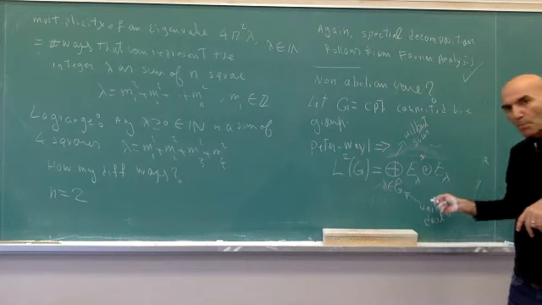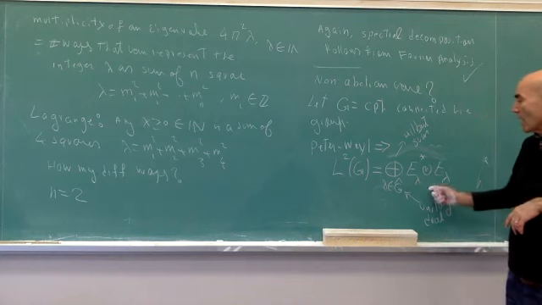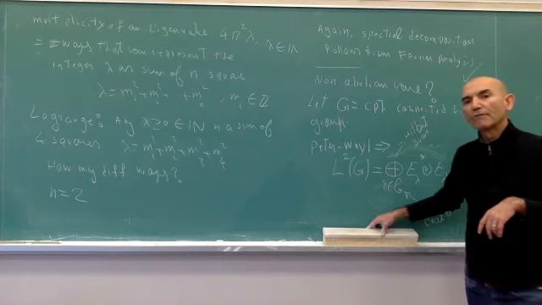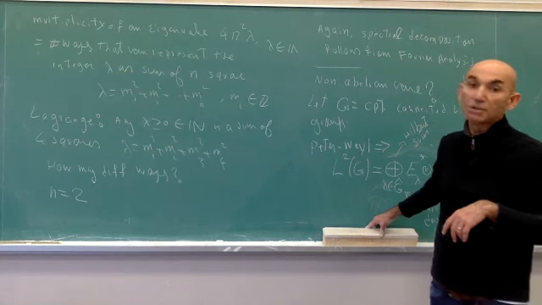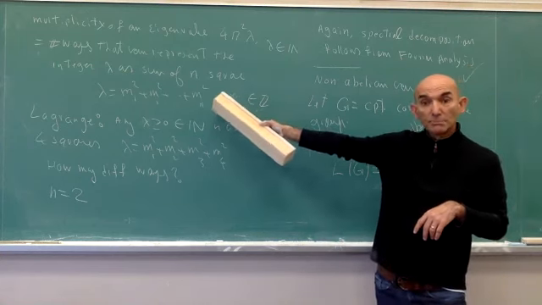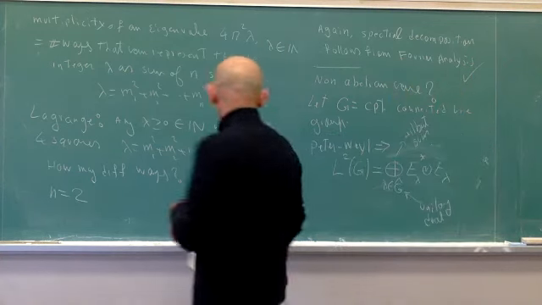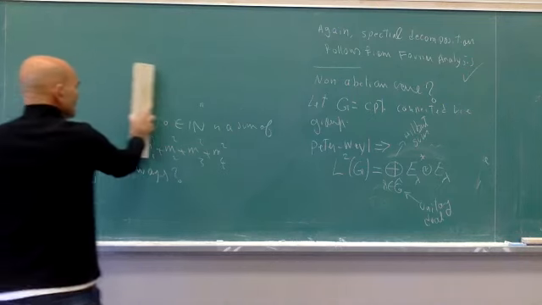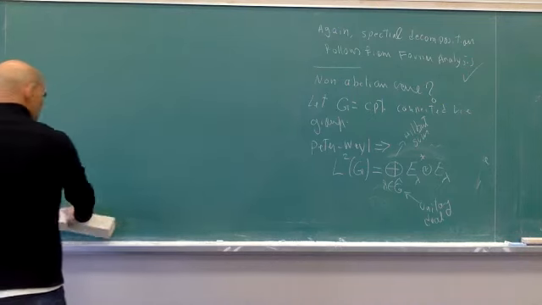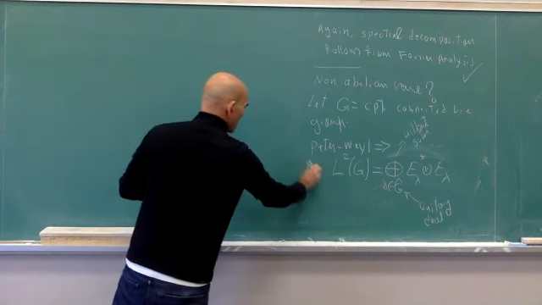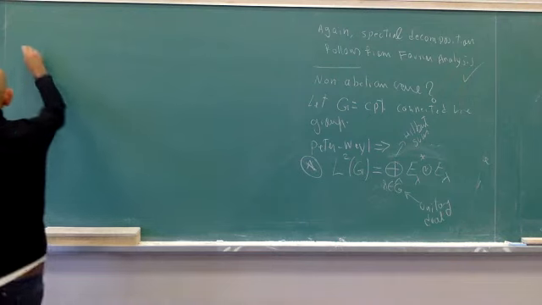Now my question is: are these things related to eigenfunctions of some Laplacian on G by any chance? Because in the abelian case we know that they are, right? So my question is this. Let's call this star.